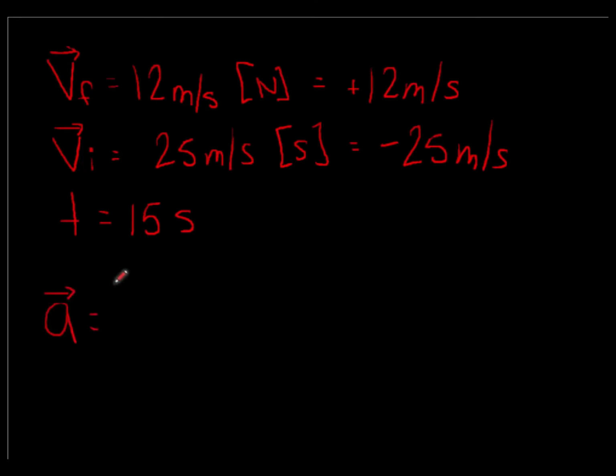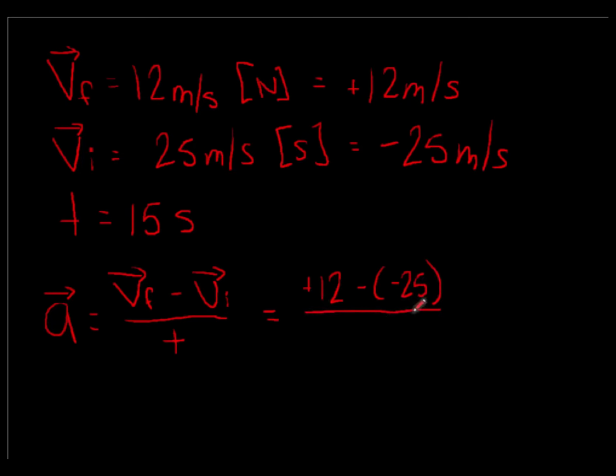The formula is acceleration equals VF minus VI over t. This is positive 12 minus negative 25 divided by 15, which gives us positive 2.5 meters per second squared. Changing this back into direction, we have 2.5 meters per second squared to the north.